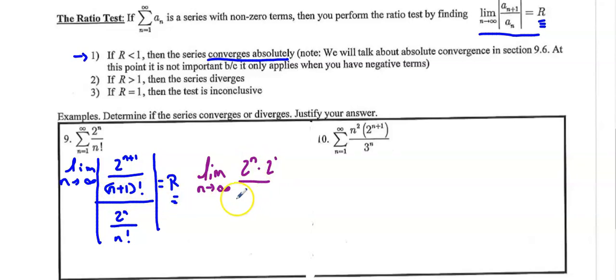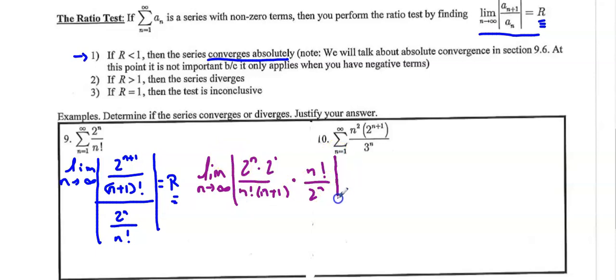This one's harder for students to see, but n plus 1 factorial is actually n factorial times n plus 1. And when I'm dividing by a fraction, I'm actually going to multiply by the reciprocal. And again, I'm going to take the absolute value of it.